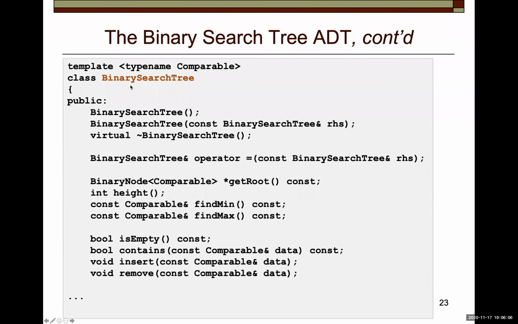Now once we have a binary node, we can then define a binary search tree. So this is the tree that will be made up of those nodes. You can see here that, again, this is another template class where we're using comparable as our placeholder for the actual type. For example, get root here will return a pointer to a binary node, which is parameterized by comparable.